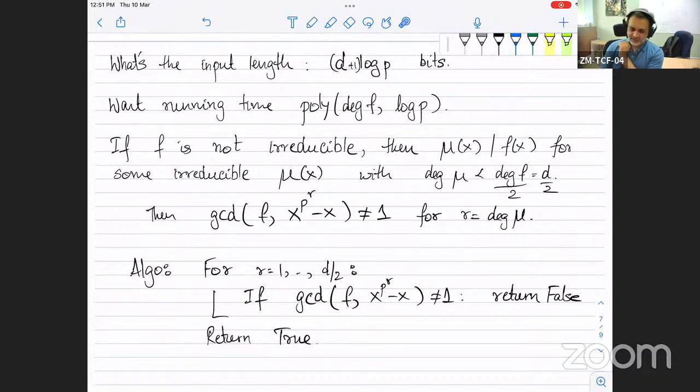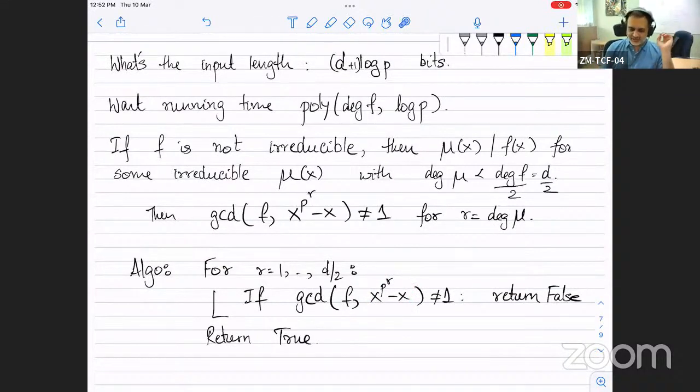This is just using the fact that if mu had degree r, I know the GCD of this is at least mu of x. It may be more, but it's at least mu of x. On the other hand, if f was irreducible by itself, then there must be no common factor with x power p power r minus x, because this only involves irreducible polynomials of degree r or lower.